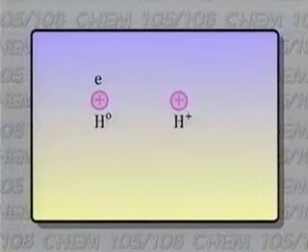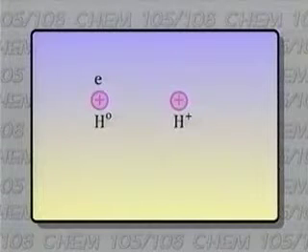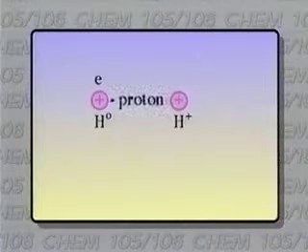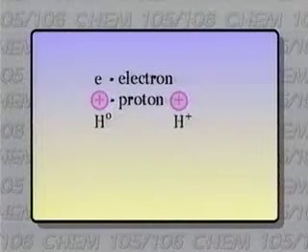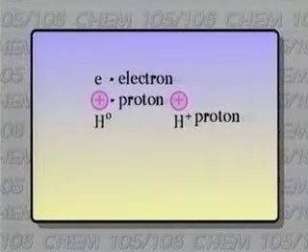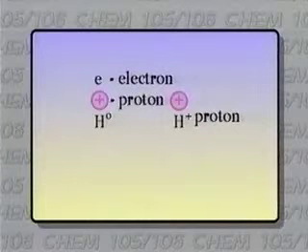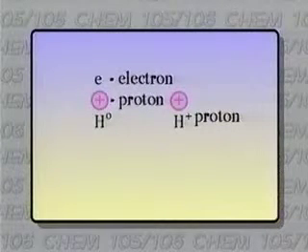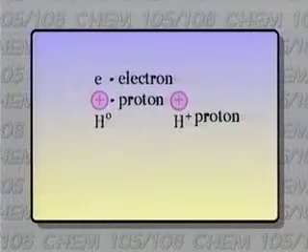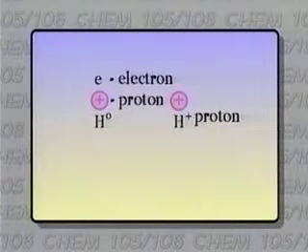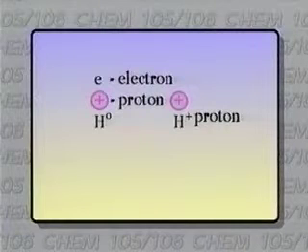We're not even worried about that. But the fact is that a hydrogen ion is merely the positive charged part, which is called the proton. This is the proton, and this is the electron. And so a hydrogen ion was merely a proton. That's all a hydrogen ion is. One single proton.